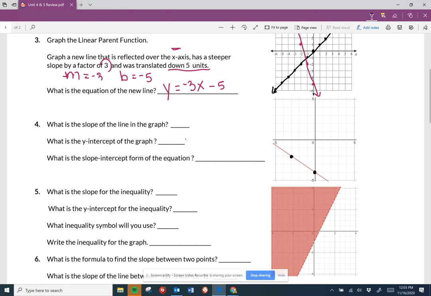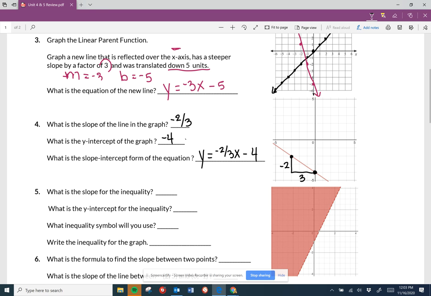Okay, so in order to find the slope, I'm going to have to do the change in y, which is -2, over the change in x, which is 3. So my slope is -2 over 3. Okay, the y-intercept is right here, so that's going to be -4. And so when I plug these in, it's just asking me to plug those in. So I have y equals -2/3 x minus 4.